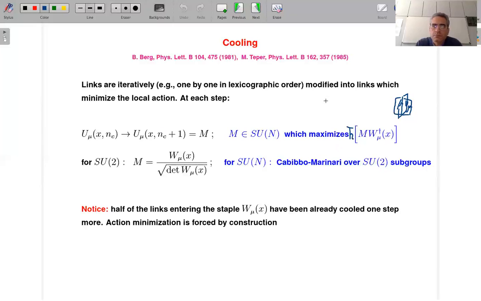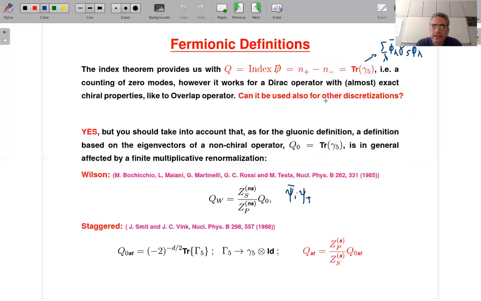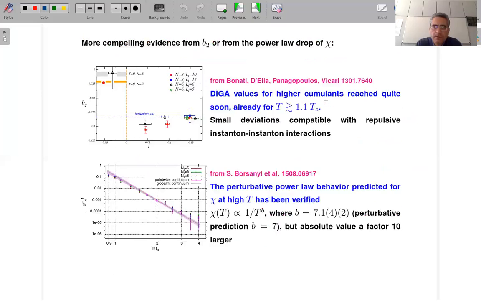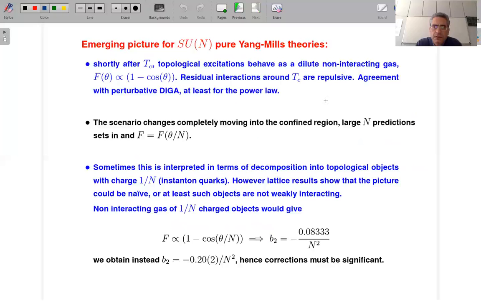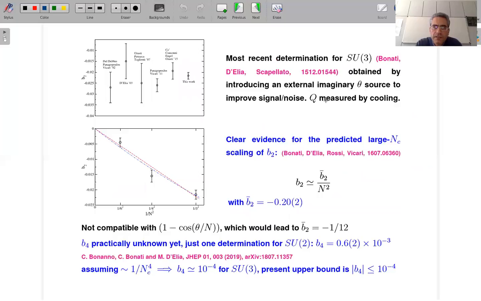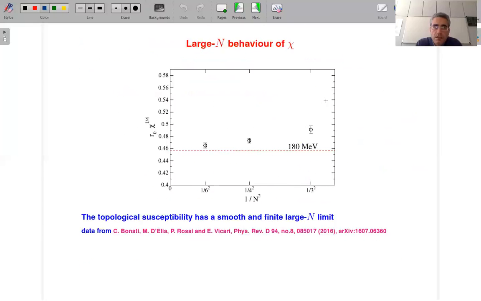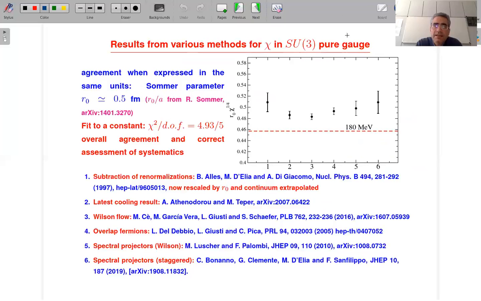So what we learn in the bottom line is that from SU(3), sorry, I went a few slides beyond. From SU(3), we learned that all methods give consistent results. So you can choose your preferred method or the most convenient method to determine topology.